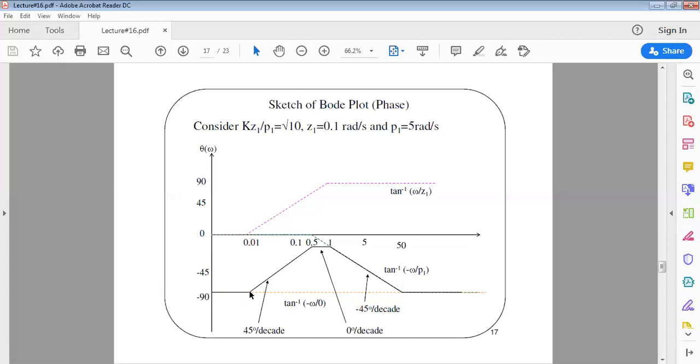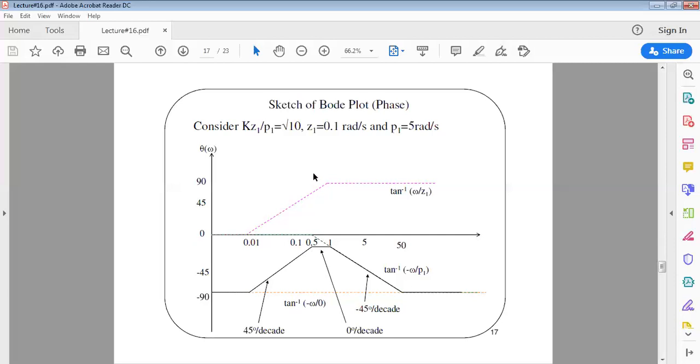At 0.01 onwards, we are going to have a slope which follows the slope of this pink color of 45 degrees per decade, and it will stop at 0.5 because at 0.5 we are going to have two slopes, the pink color and the green color. The pink color is 45 degrees positive per decade, and the green color is negative 45 degrees per decade.